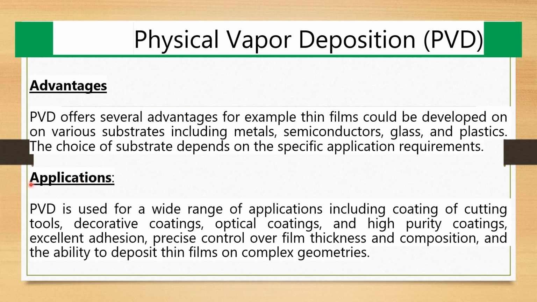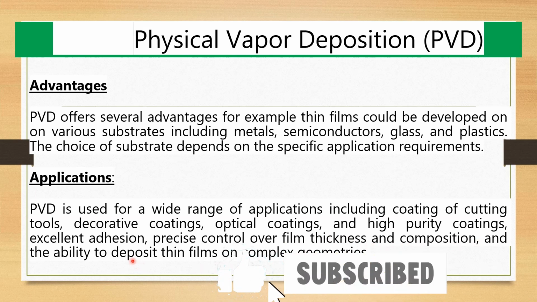Then the applications of the physical vapor deposition technique. Physical vapor deposition technique is used for a wide range of applications, including coating of cutting tools, decorative coatings, optical coatings, and high purity coatings. Also, excellent adhesion, precise control over thin film thickness and composition, and the ability to deposit thin films on complex geometries.